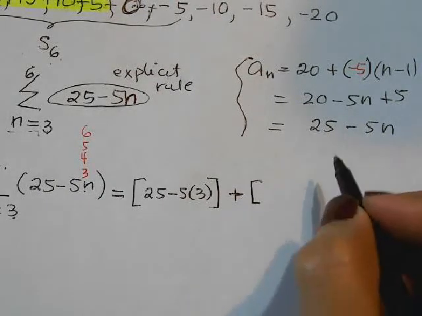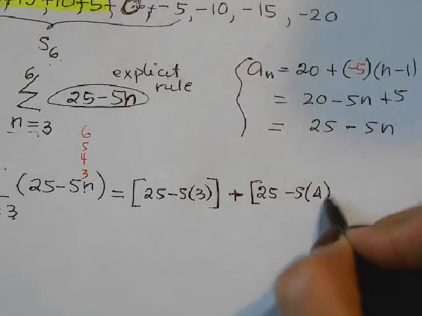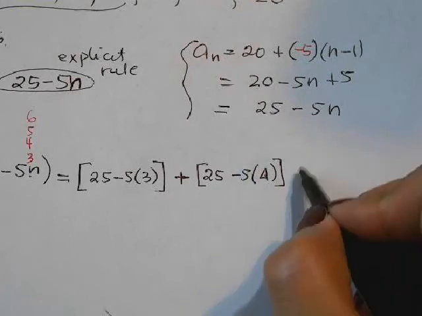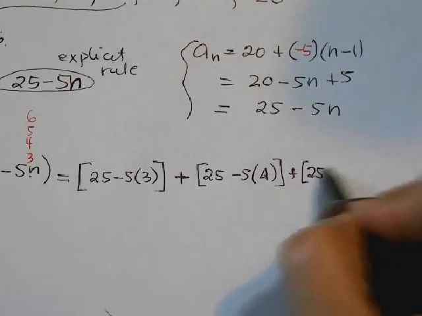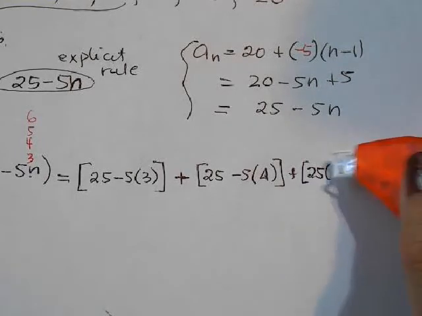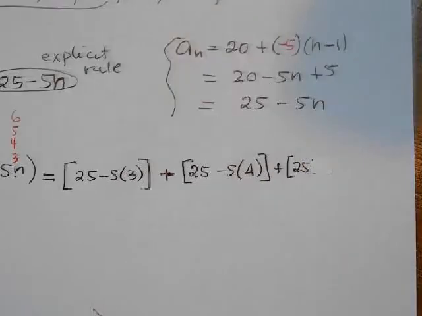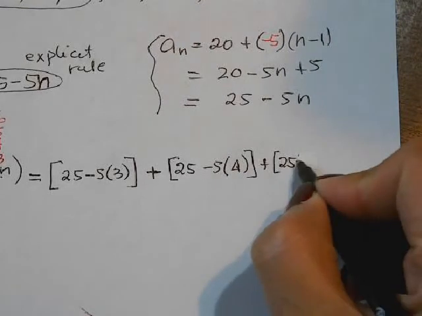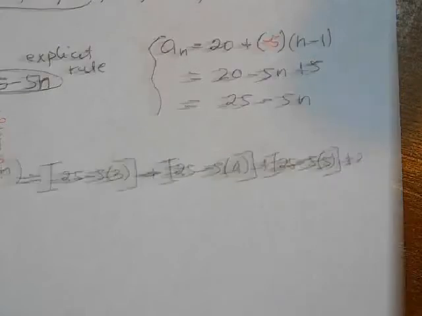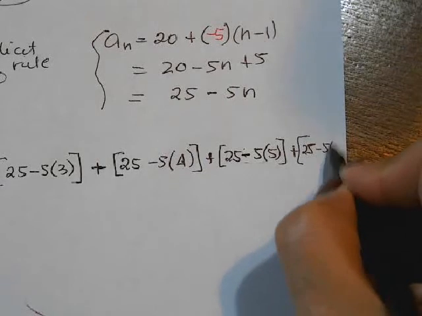So this will be 25 minus 5 times 4, plus 25 minus 5 times 5, plus 25 minus 5 times 6.